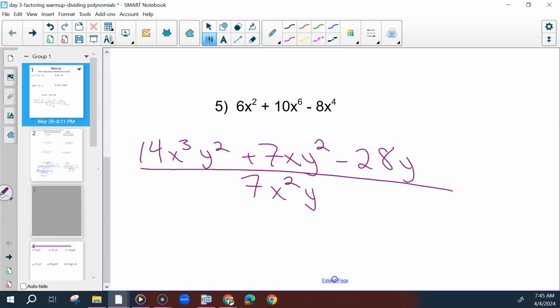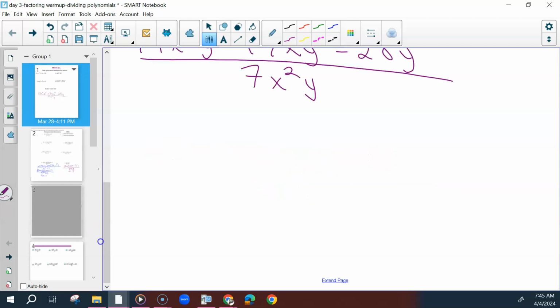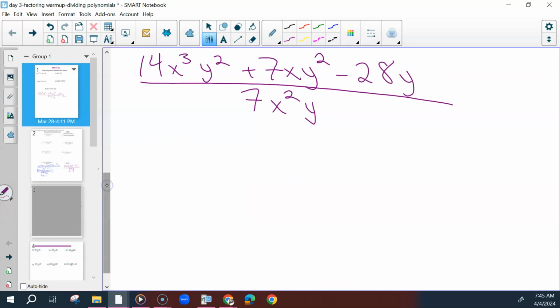This is going back to dividing by monomials, because I'm going to show you why maybe GCF won't work here, and you want to separate it instead. So let's say we did find the GCF. What would that be? 7y.